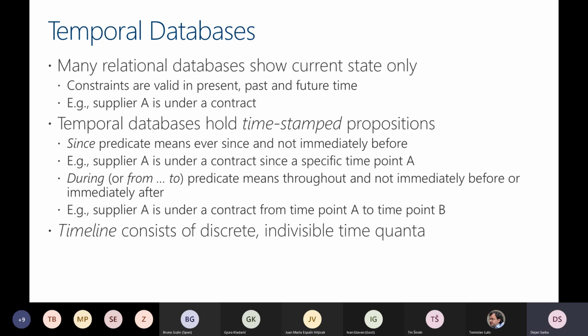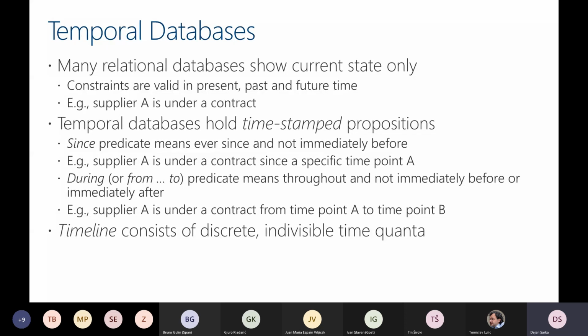We represent time with what we pretend to be distinct time points. And we know that time is continuous, but we work as if time were a countably infinite set of distinct time points, and granularity depends on our needs. We can measure time in days, hours, seconds, months, years, whatever we wish.